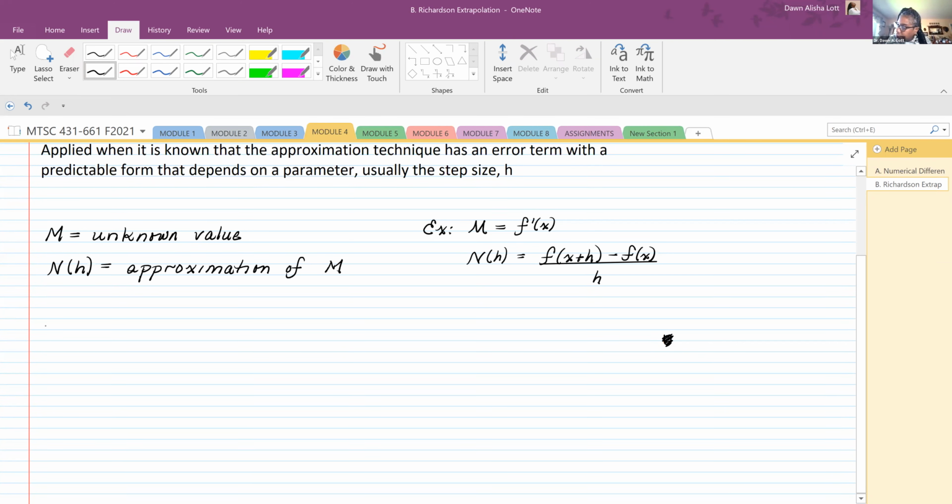So M is equal to N1 of h, that's how I'm approximating it, plus what I'm going to call K1 h plus K2 h squared plus K3 h cubed, and then this keeps going on and on.